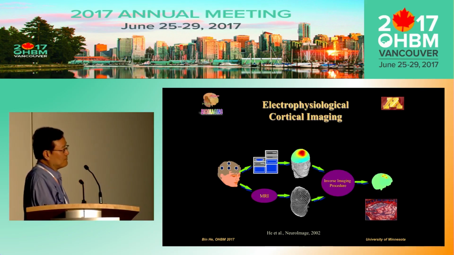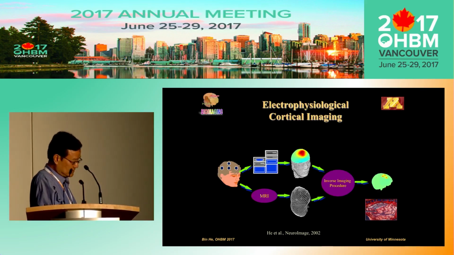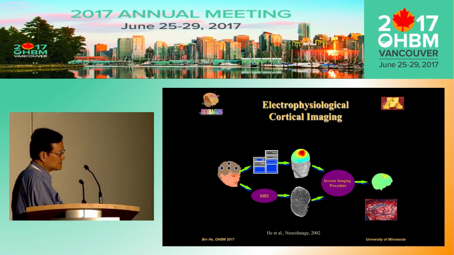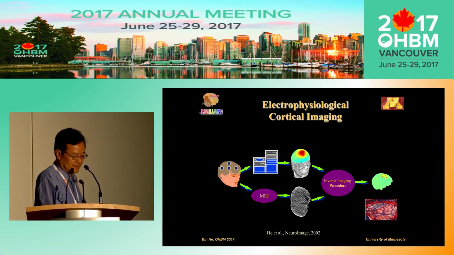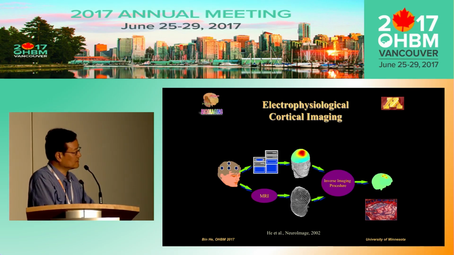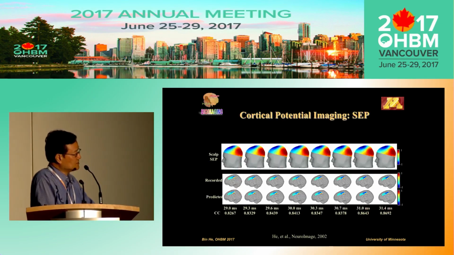And another, as I mentioned, is cortical potential imaging, where you start from EEG, get the anatomical constraint, and go down to the cortical space and get the potential distribution. You can compare and validate with ECoG recording directly. Here is one of the early papers. You can see the scalp EEG here and the inverse solution over the cortical surface.